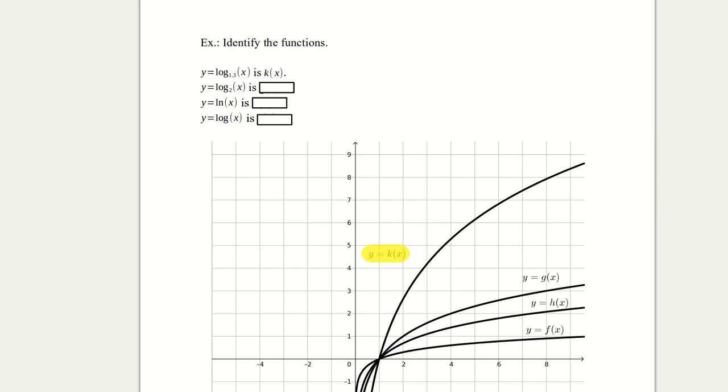The next smallest base is 2, and that's going to be the graph that grows the second fastest. So that's going to be our g of x. Natural log has a base of e. E is bigger than 2, so it's our next graph, h of x. And then the one that grows the slowest is the inverse of the 10 to the x, which grows the fastest.